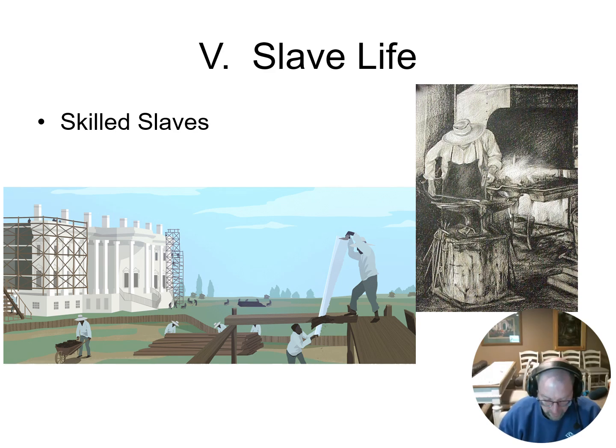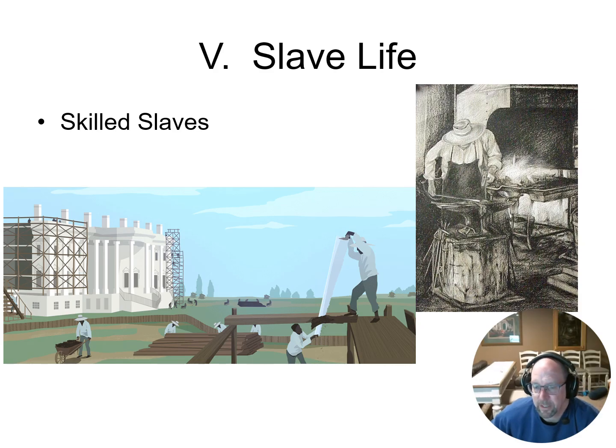The thing here is, both of these jobs, blacksmith, making nails, horseshoes, hinges, stuff like that, and carpentry, furniture, buildings and things, a lot of times there's not enough work for that particular person to do on a particular plantation.